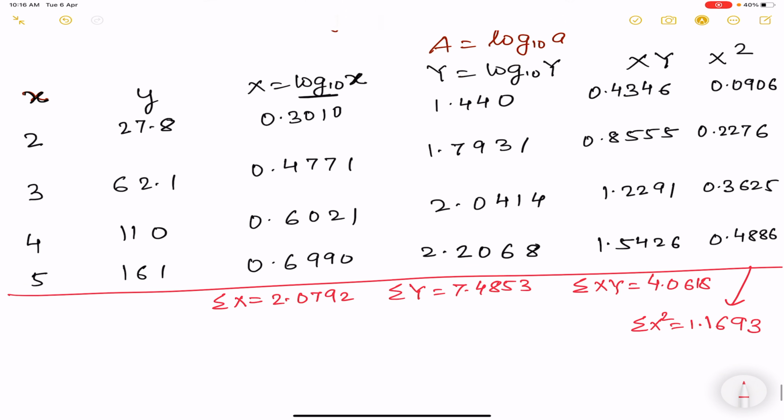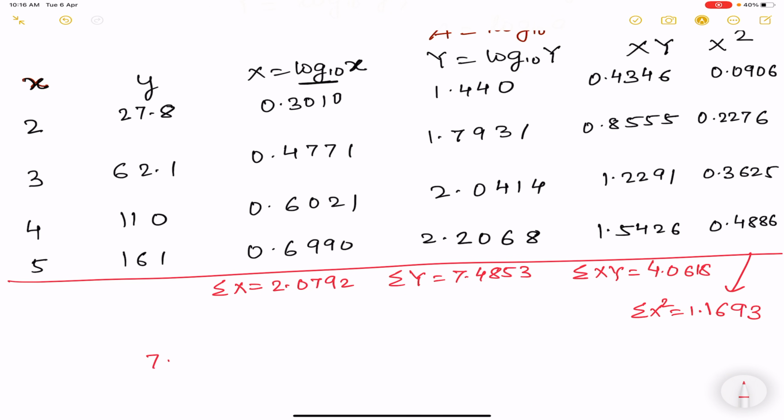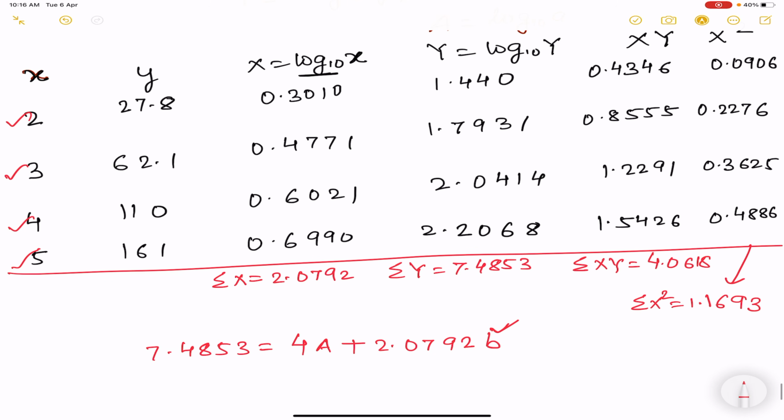Let us put all the values in our normal equations. So sigma Y, 7.4853, is equal to 4A, because n is 4, 1, 2, 3 and 4, plus 2.0792b, because small b is same as in the curve.